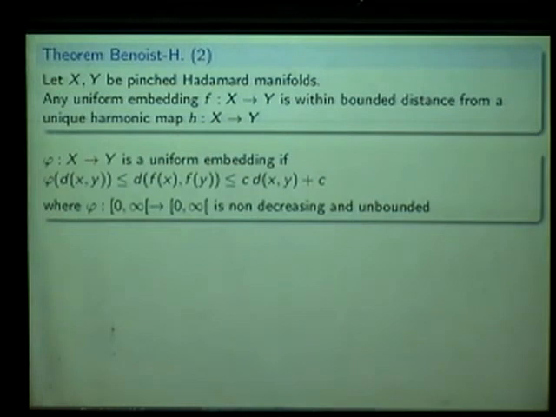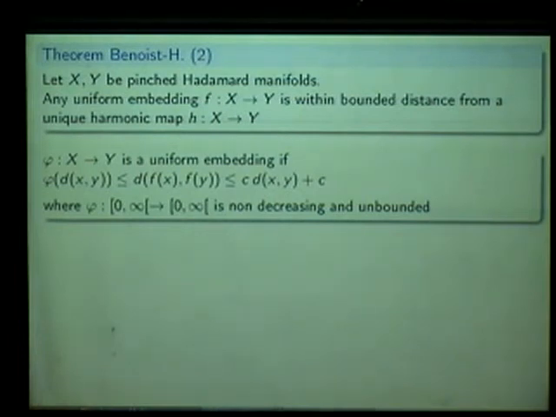Usually I call this a coarse embedding, and I thought he would call it a uniform embedding, so I changed it, and no. So each time you see uniform, you read coarse, and it's the same thing as Pierre was telling you about in the previous lecture.